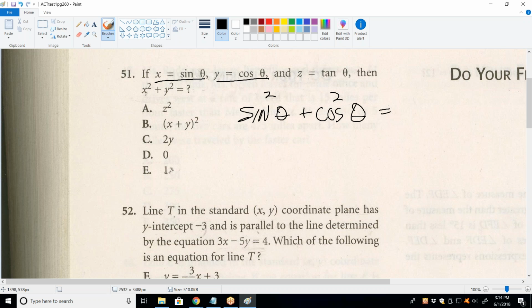Had to memorize it. Oh, 1. Yes. Easy problem, as easy as they get. And notice that that's irrelevant. Don't need that. There ain't no z in this thing. It's always 1. Sine squared plus cosine squared.